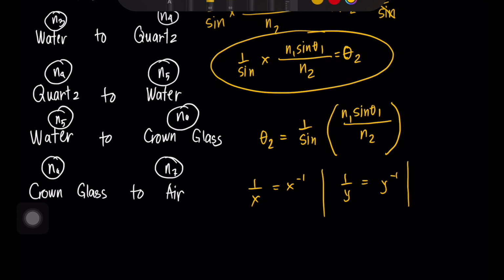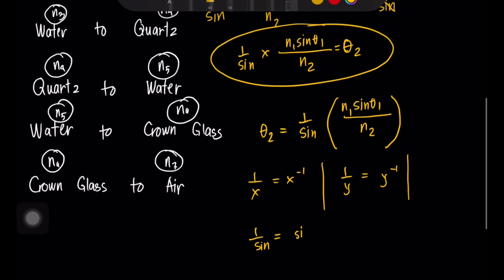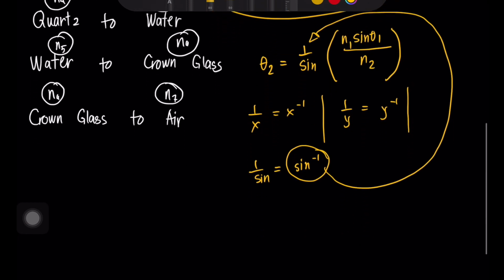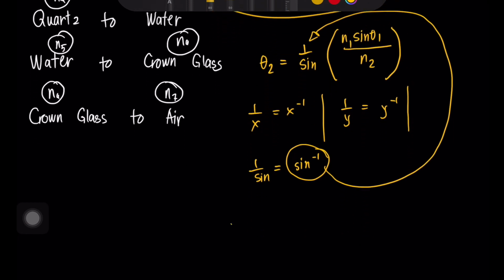Therefore, if we have 1 over sine here, this should be equal to sine raised to negative 1. So instead of writing that formula, we now have theta sub 2 is equal to sine raised to negative 1 multiplied by n sub 1 sine theta sub 1 over n sub 2.